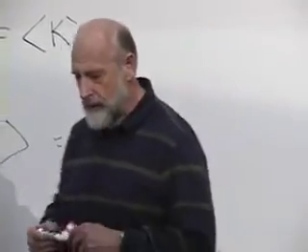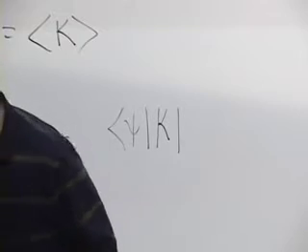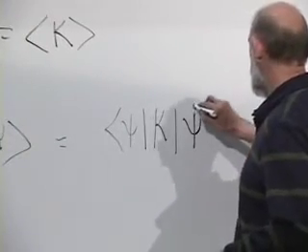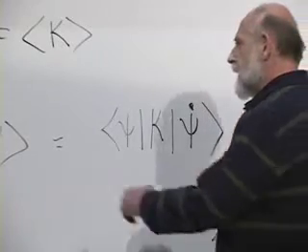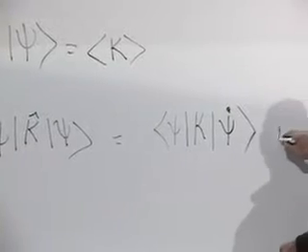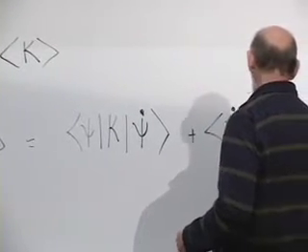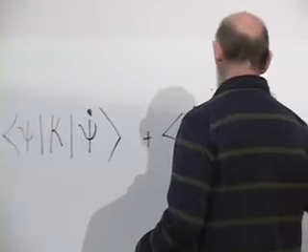I'm not going to write d psi dt, I'm just going to write psi dot. And then we have another term where the bra vector is differentiated, and that's plus psi dot k psi.